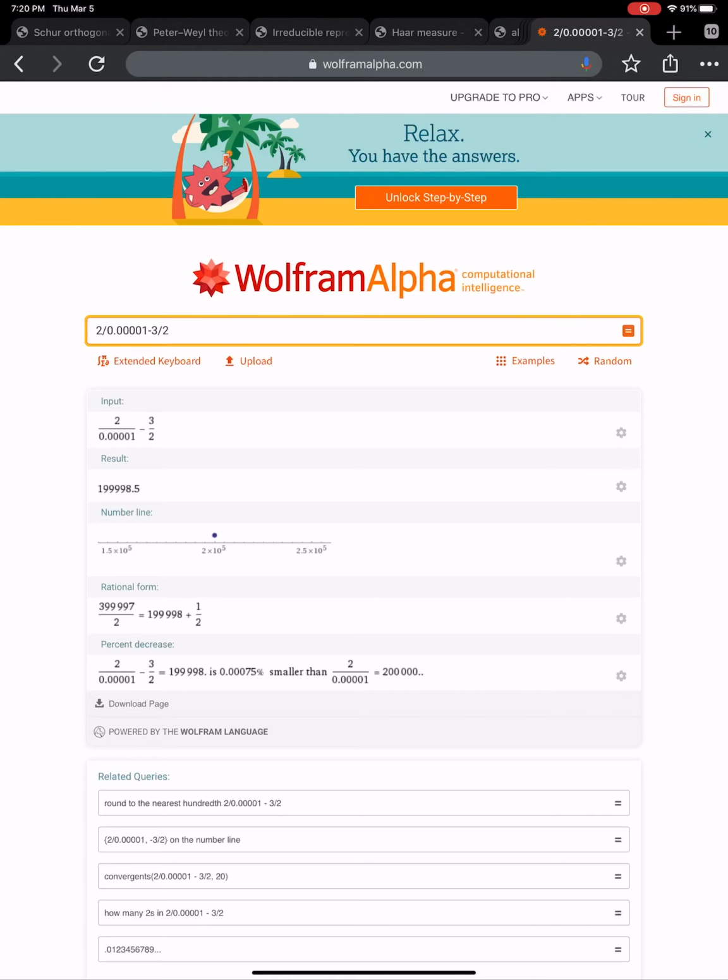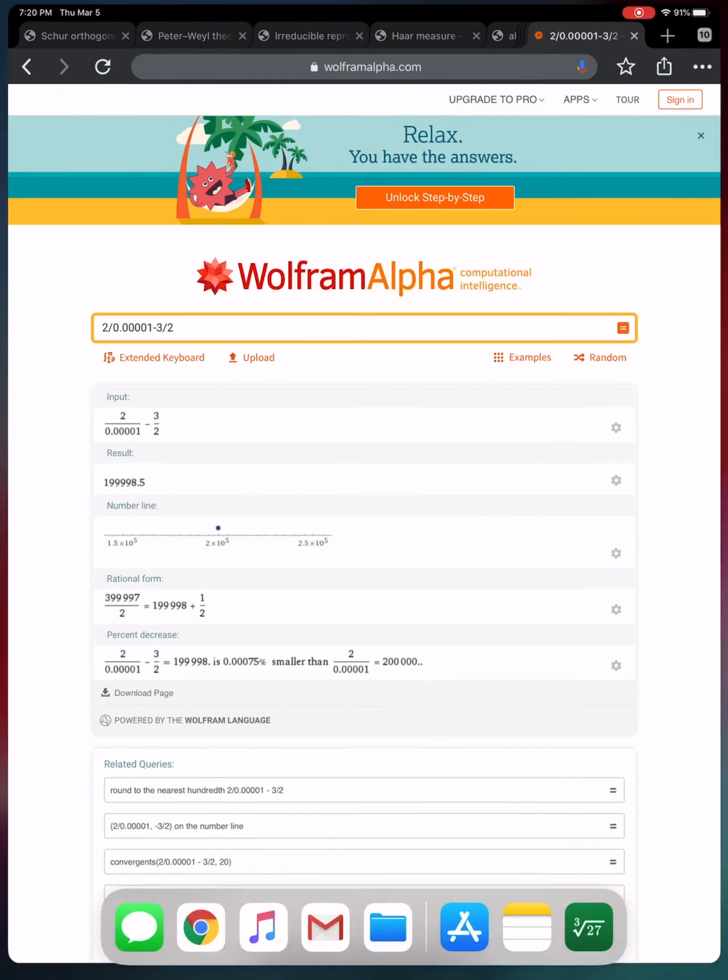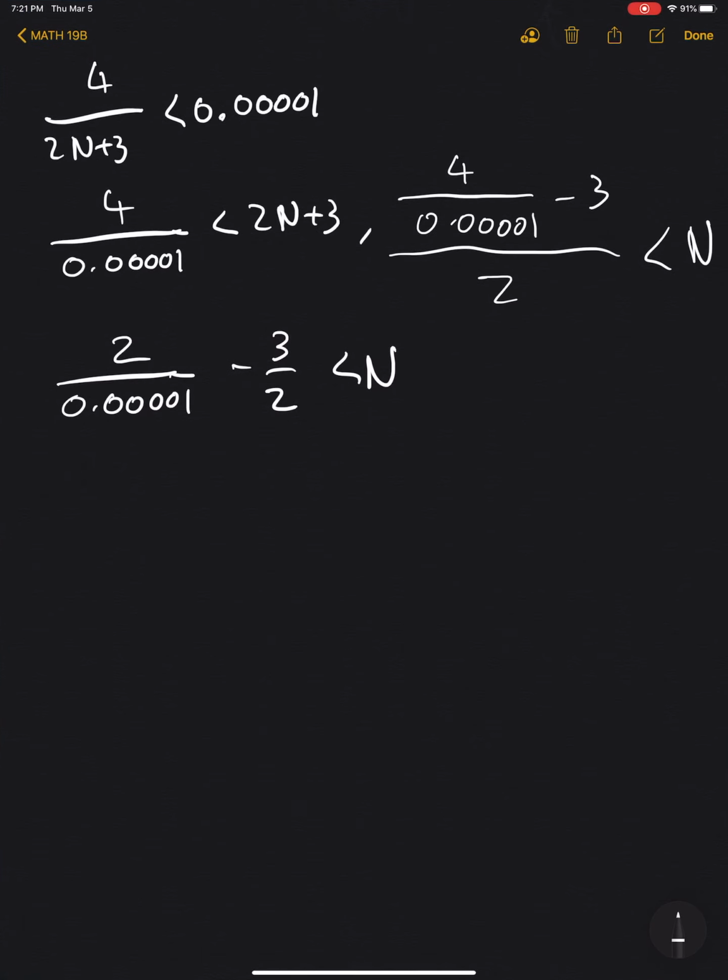In other words, basically if I add 200,000 terms, that will give me the desired error that I'm looking for. Let me write down over here that the number I was looking for was 199,998.5.